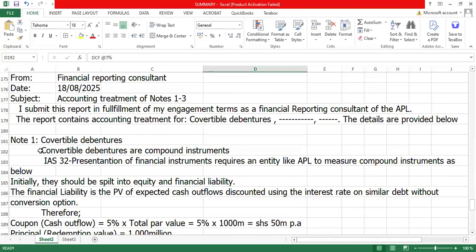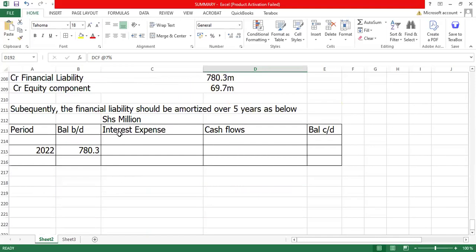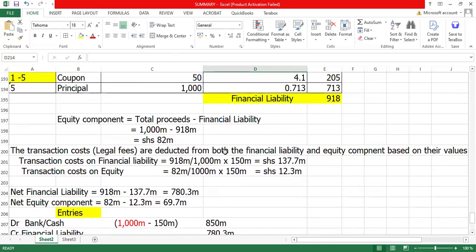You have the equity component there, but here you're looking at only the liability. Then the rate will be what?